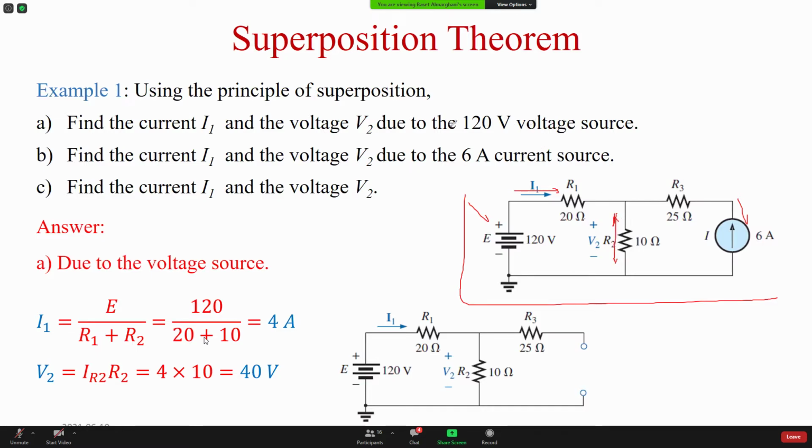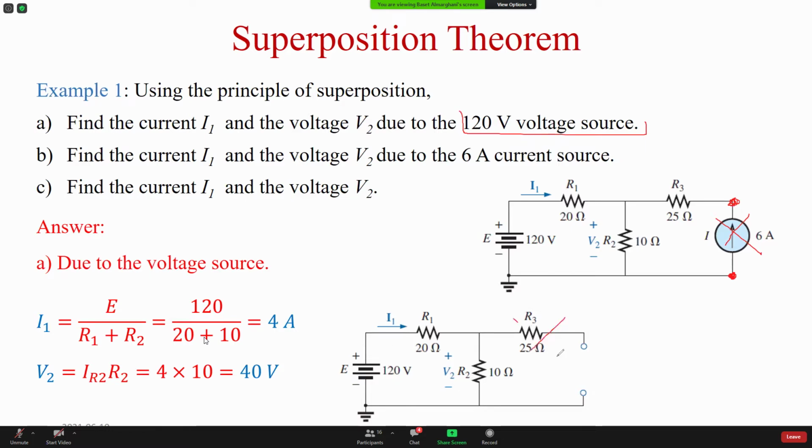When only this source is here, this one is not here. So only this voltage now. I'm going to remove this and replace it with an open circuit, and then find the current and the voltage.